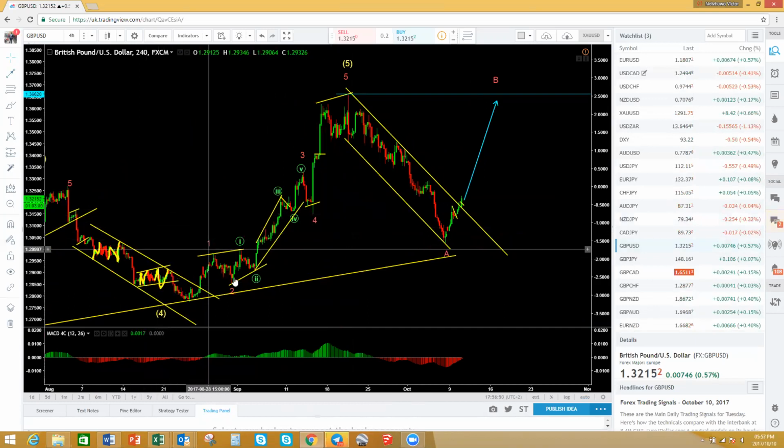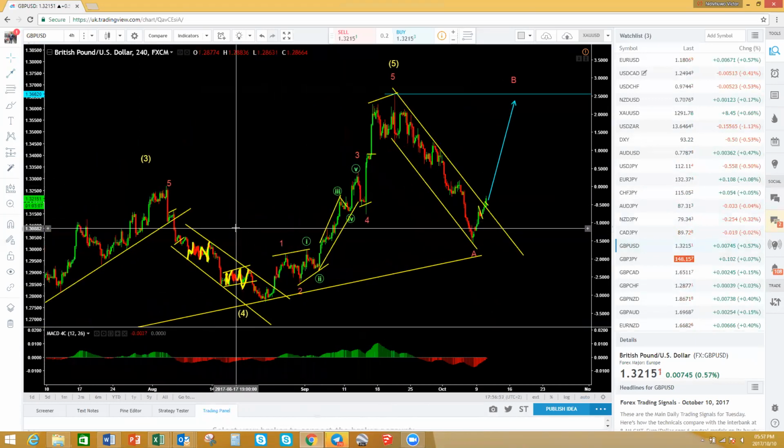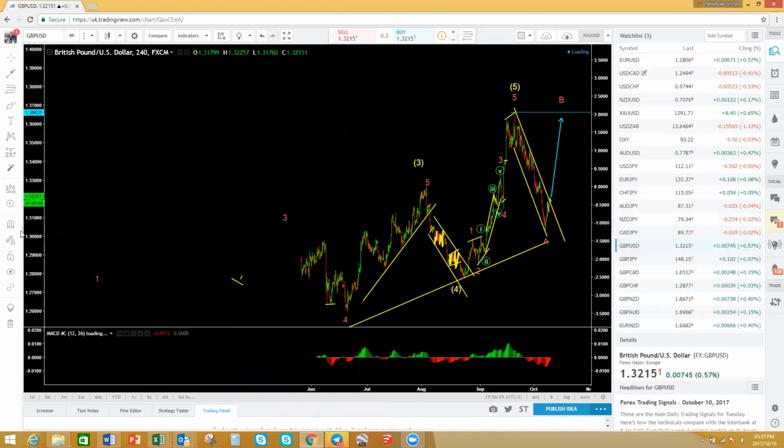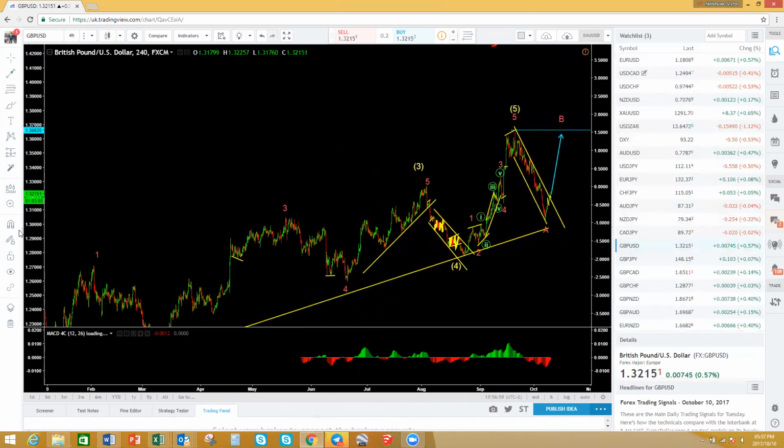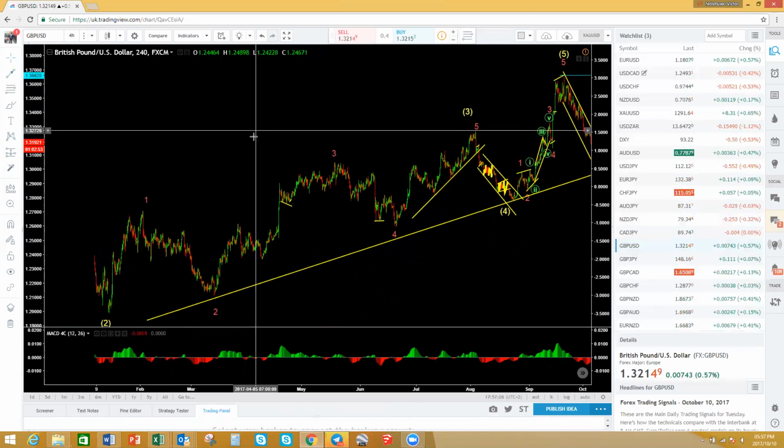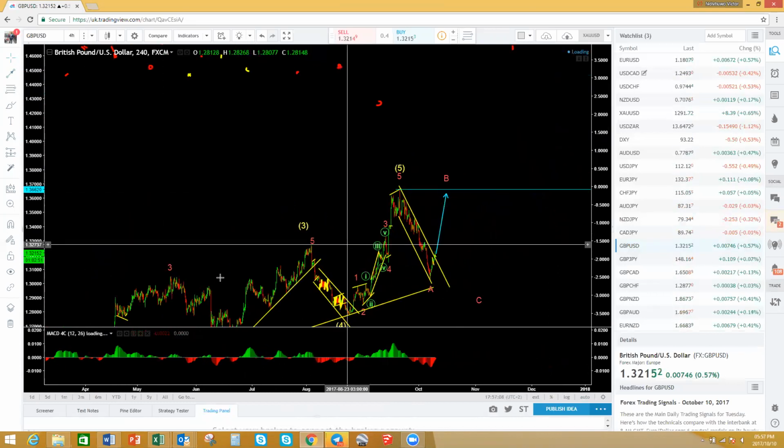Pound US dollar, we had this 1, 2. I'm not going to go to a higher level to see the higher time frame because, as I said, my charts are labeled all the way from the monthly down to the 15-minute chart sometimes, but mostly the 4-hour and the 1-hour chart. You can see that I've got a nice 1, 2, 3, 4, 5 on the higher time frame there, but I'm not looking at that.